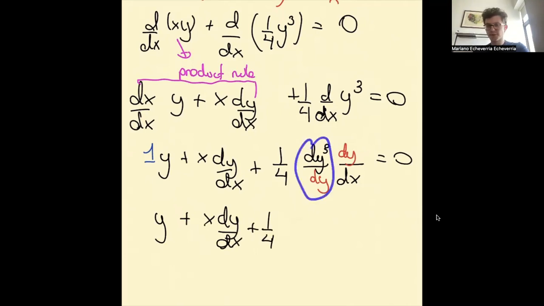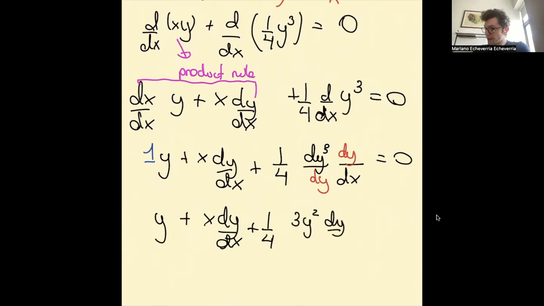What's the derivative for this one? Good, 3y squared, perfect. It's a power rule. The exponent comes down, then you decrease it by 1, and that's what it gives you.